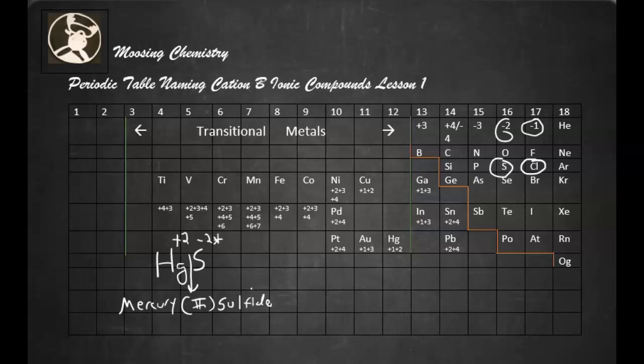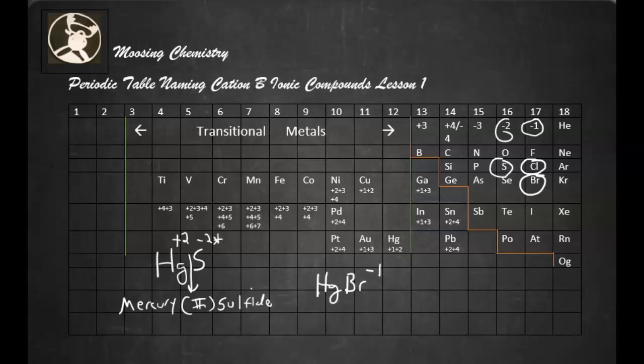Pretty cool, right? Now wait a minute. What if I had this situation? What if I had HgBr? Seems like a kind of odd one. So bromine is also in group 17 and has a -1 charge.